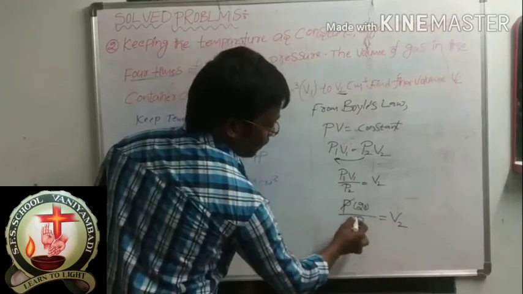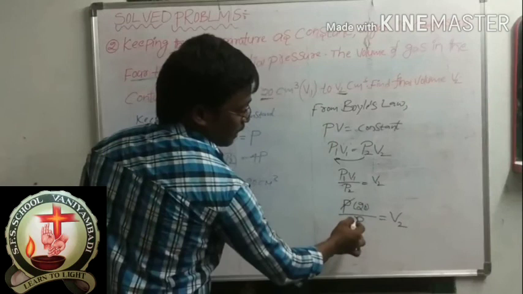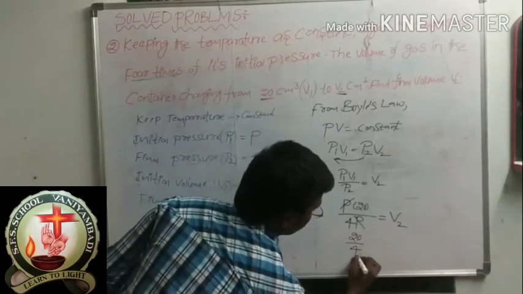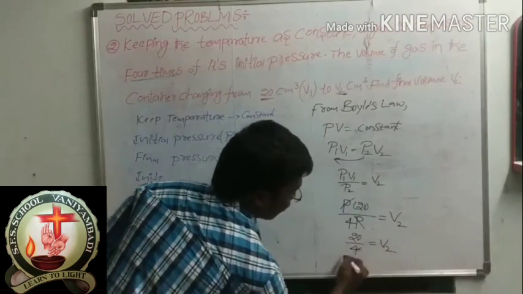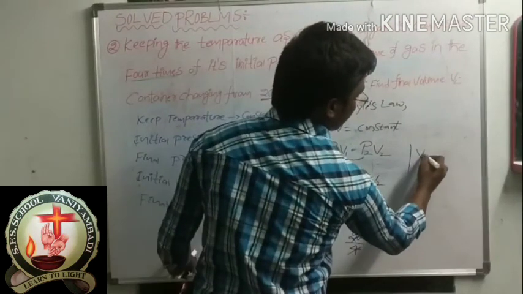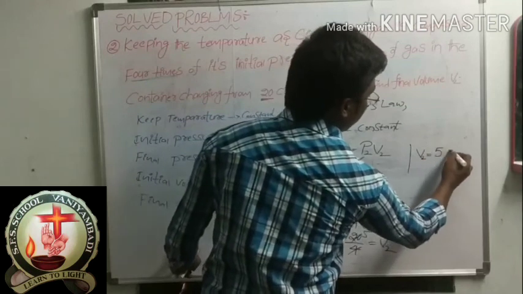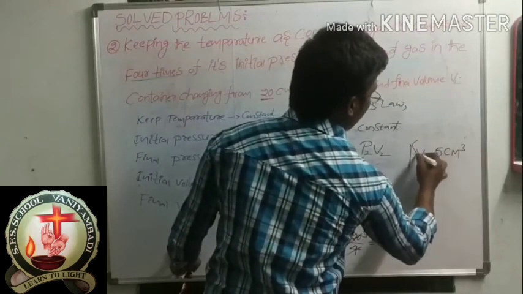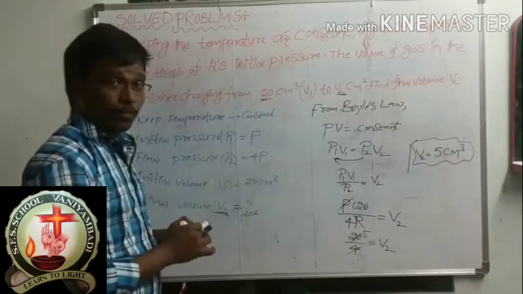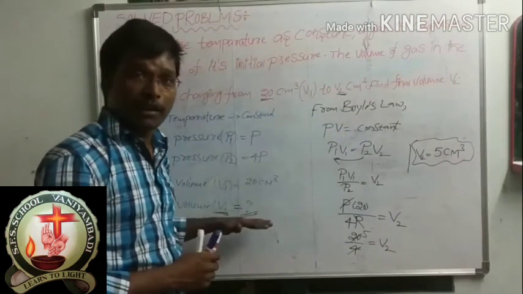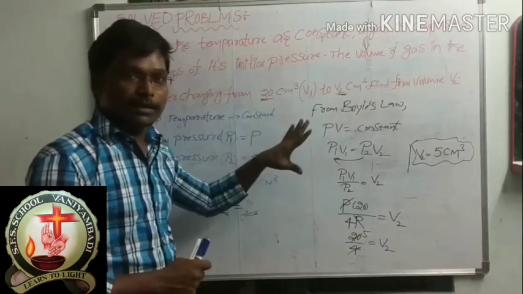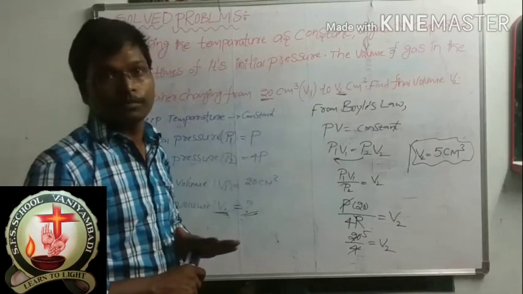So here P cancels. Remaining 20 by 4 is equal to V2. 4 fives are 20. So what is the answer? Final answer V2 is equal to 5 centimeter cube. This is the final volume V2 of the gas in the container. Okay.